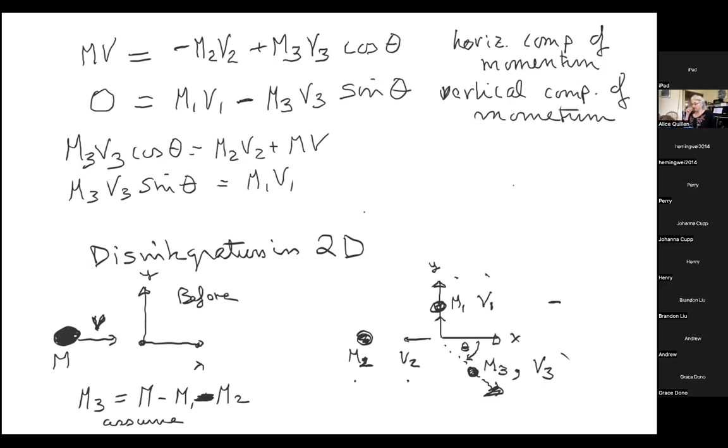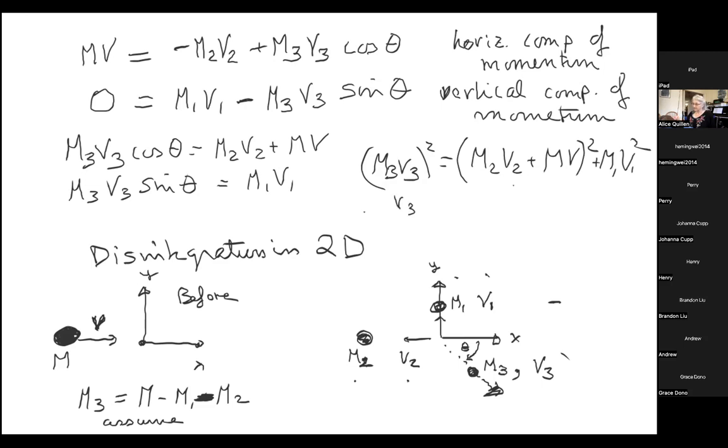Then cosine squared plus sine squared equals 1. And so that means (M3 V3) squared is equal to (M2 V2 plus MV) squared plus (M1 V1) squared. And I can take the square root of both sides to actually solve for V3.